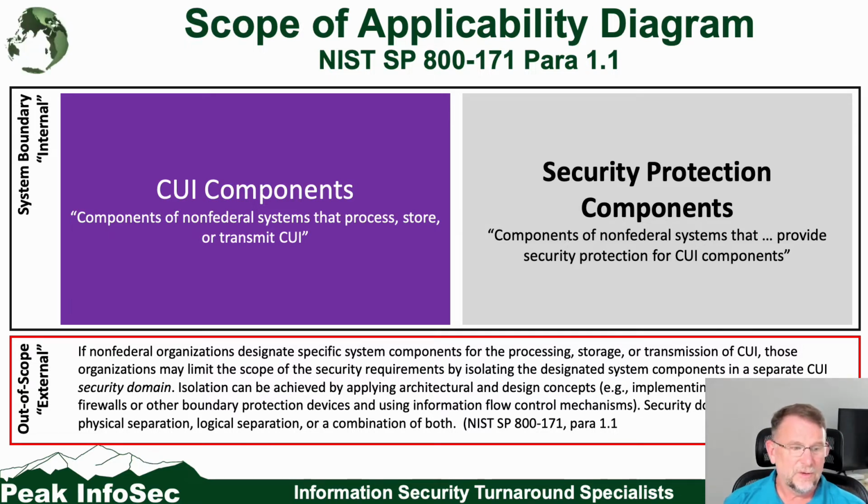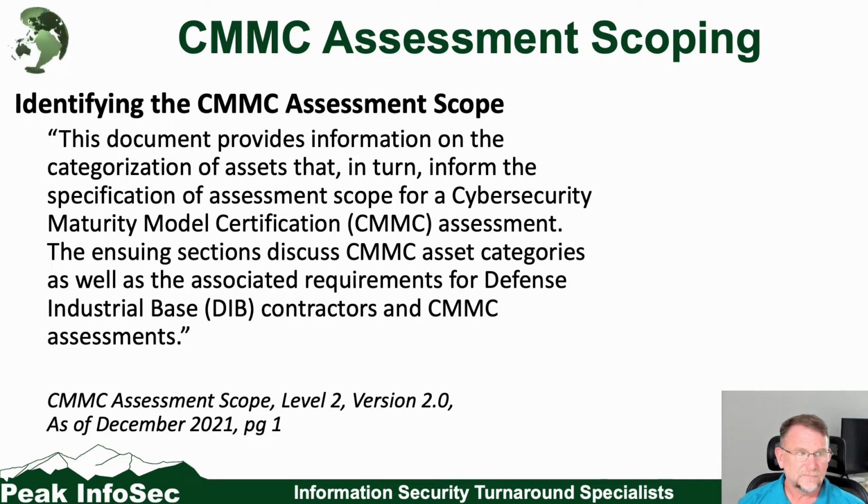In reality, all of this confusion is coming from DoD not being pithy. The very first paragraph of the CMMC Assessment Scope Guide is titled "Identifying the CMMC Assessment Scope." They didn't say purpose. They didn't say this is the intent. No, this is an introductory paragraph. Come on, guys. Seriously? Let's get clear here.